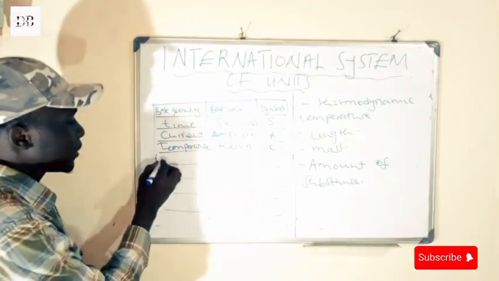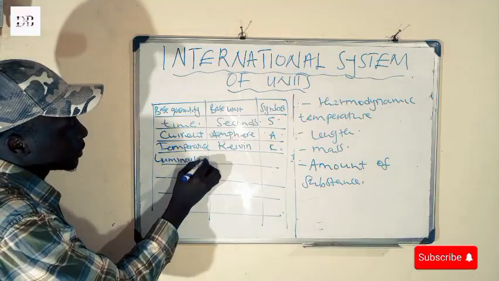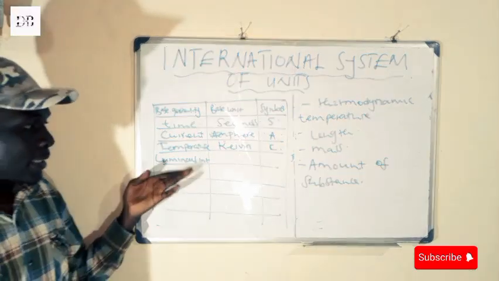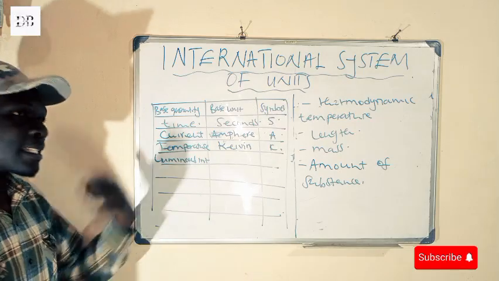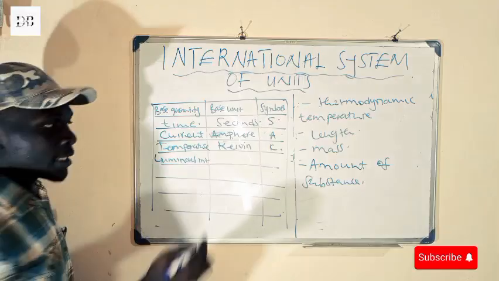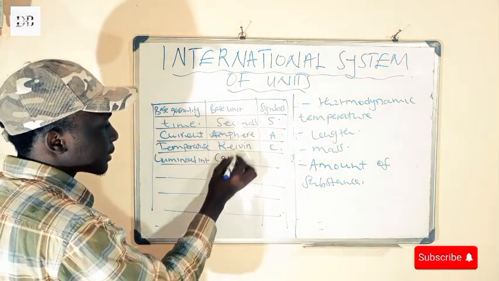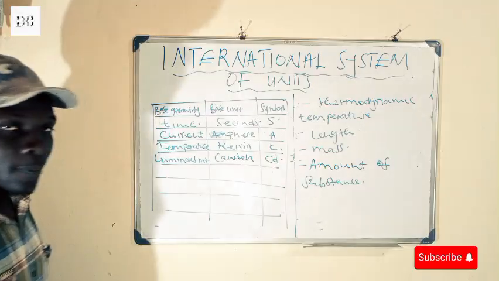And then we have luminous intensity. Luminous intensity means light intensity. How bright is the light from the sun, from these planetary bodies? This is measured in candela, presented as CD.